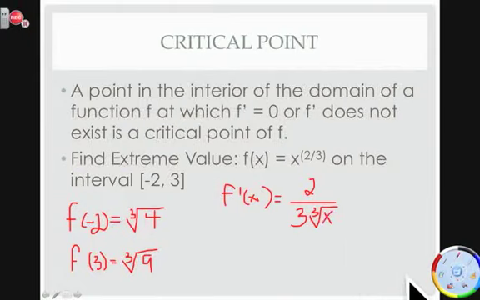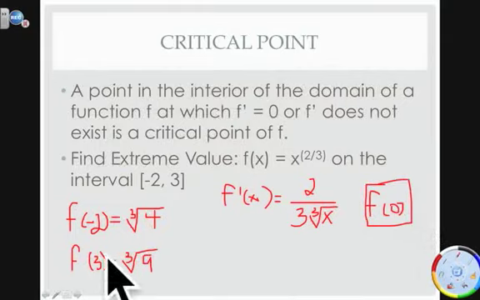So I look at this function, and I go, well, this function doesn't have any zeros. So there's no f prime at c that makes a 0 here. But there is a point at which this makes it undefined. So we know that if I plug in a 0 here for x, this makes this fraction undefined. So that means f of 0 is a critical point. This is a critical point, and these might be critical points.